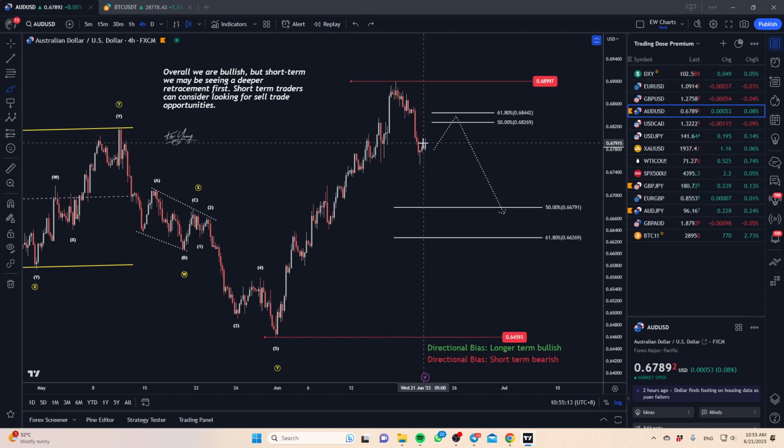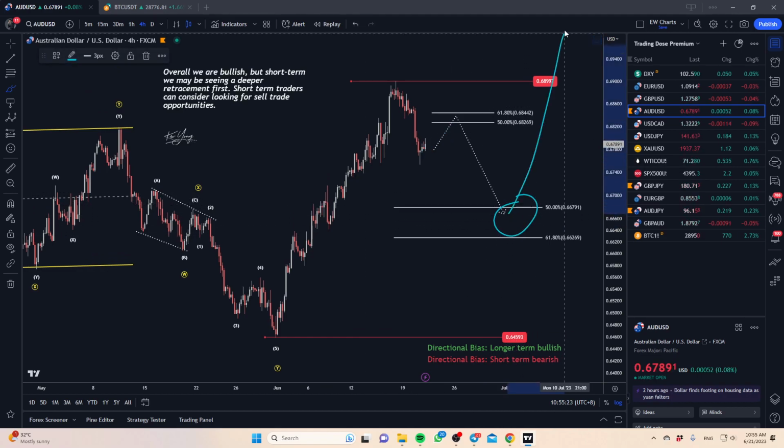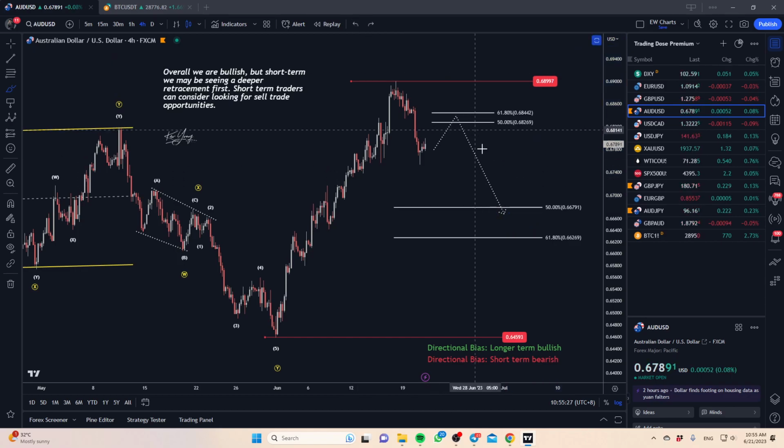So going forward in the short run, if you can see a decent corrective pullback towards this area, then we'll look for a sell opportunity. And of course, the target will be here, and then from there we'll expect perhaps a bigger move back up. So short term, look for sell, and then longer term, we'll be interested in the buy side. This setup may come to us maybe tomorrow or Friday.